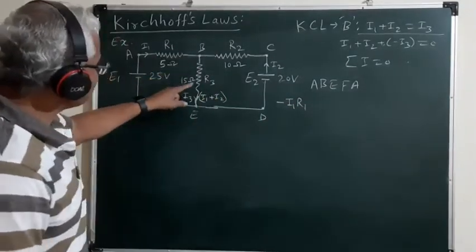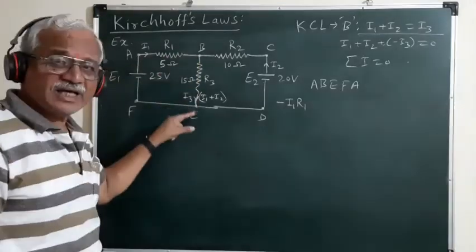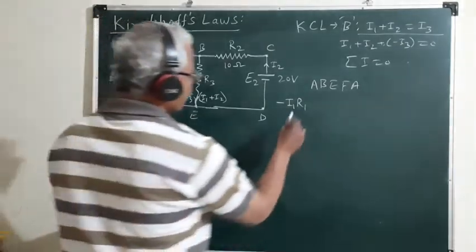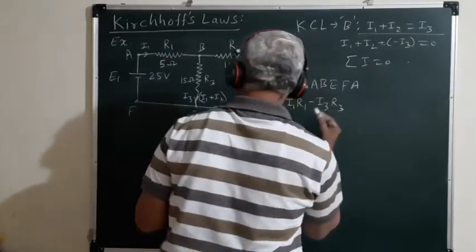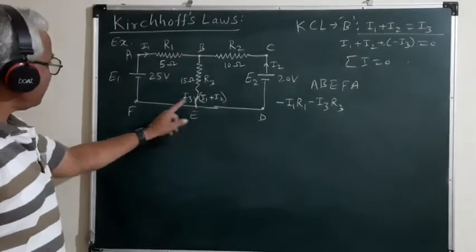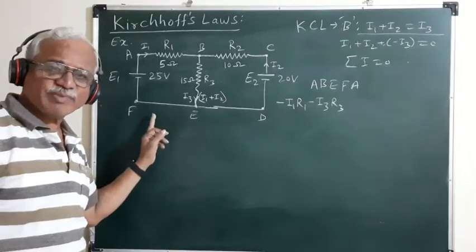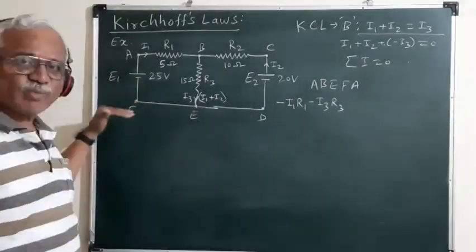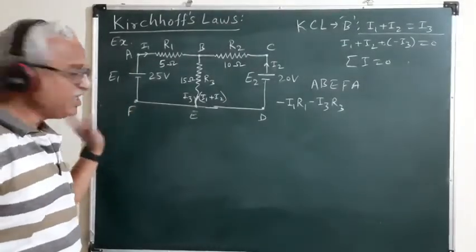Then through the resistance R3, the current I3 is flowing again in the direction of traverse of the loop. So the product I3 R3 must be taken negative. Then the branch EF does not contain either the source of EMF or the resistance. So no potential drop is developed across E and F, or this branch EF.